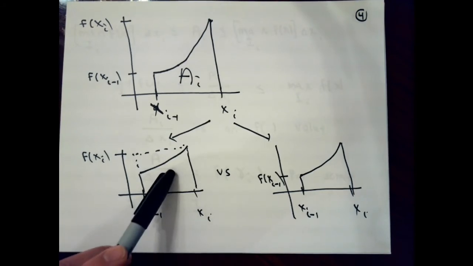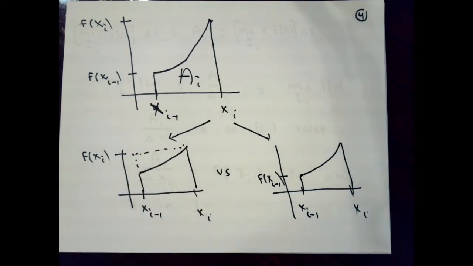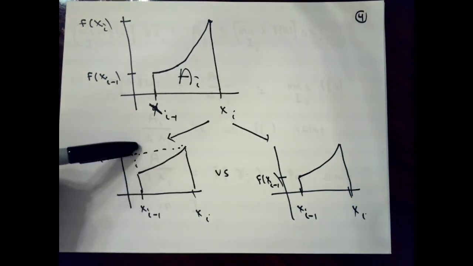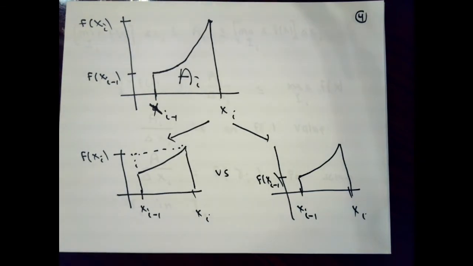Obviously, the area under the curve is smaller than the area of this rectangle, which has the same horizontal length as our original region did, but its vertical extent is the biggest function value that you can get on subinterval number I. Also, obviously, the area of this region is bigger than the smallest function value times delta x number I, for the same reason.